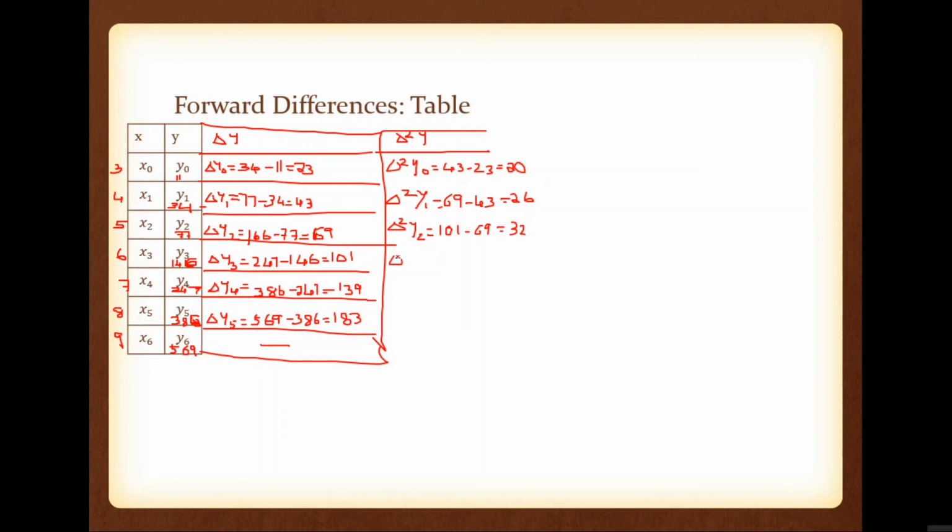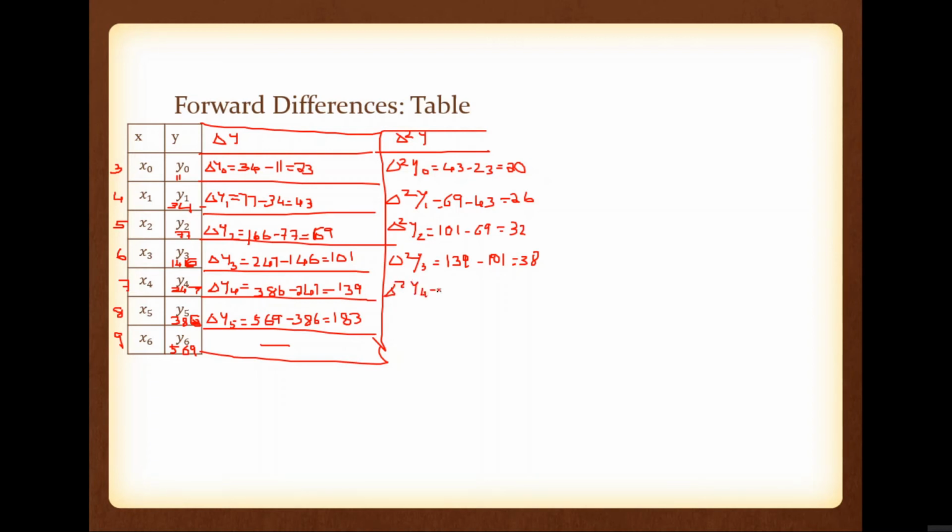Now the next one is delta square y3. So it is equal to 139 minus 101. So that is equal to 38, right? Yes. Now the next data is delta square y4.